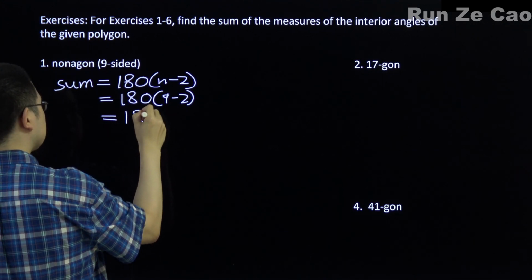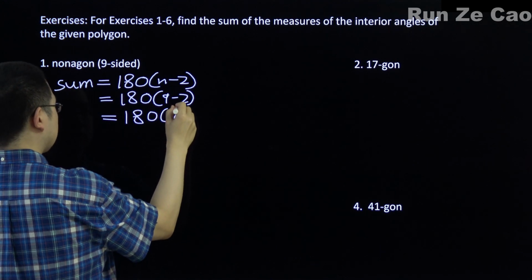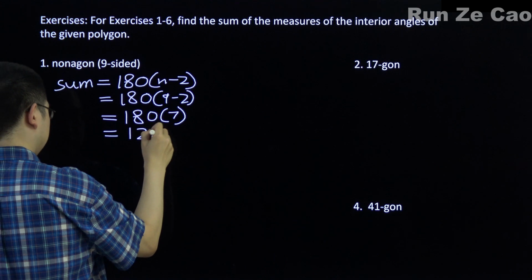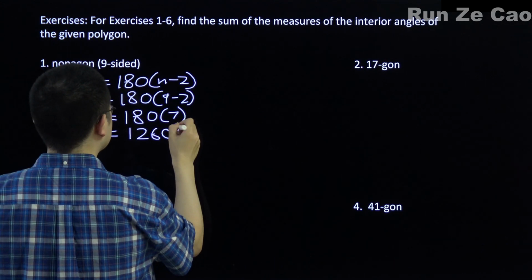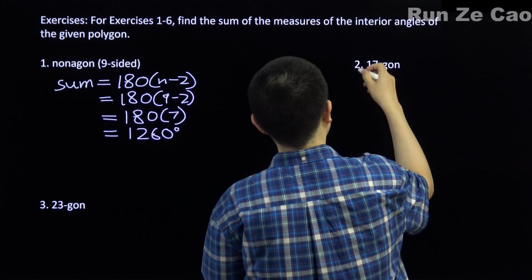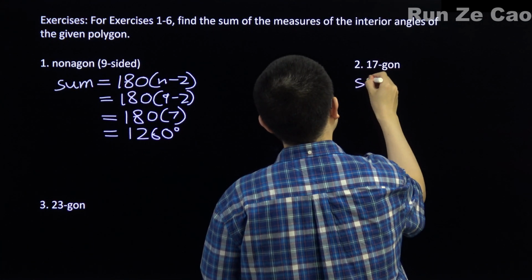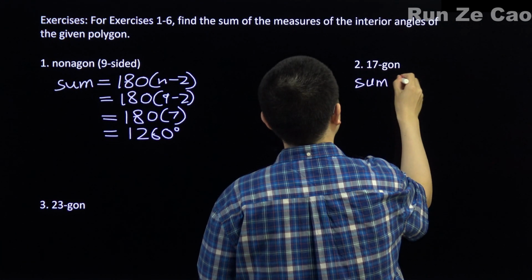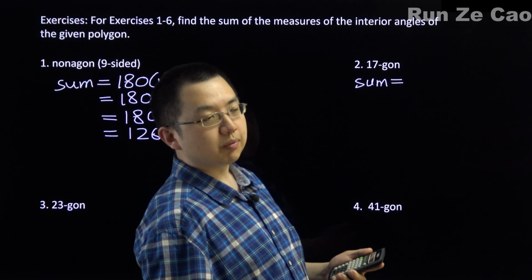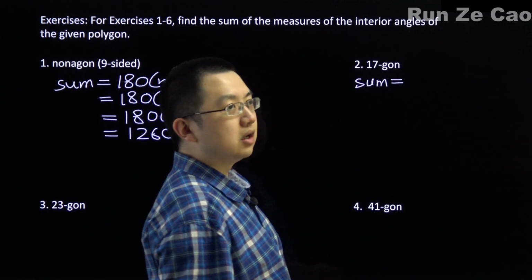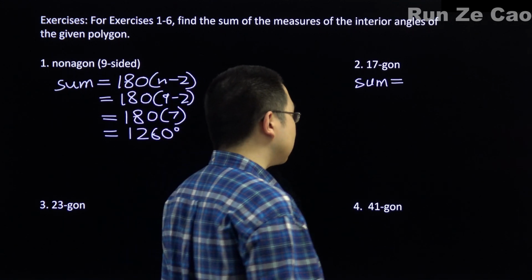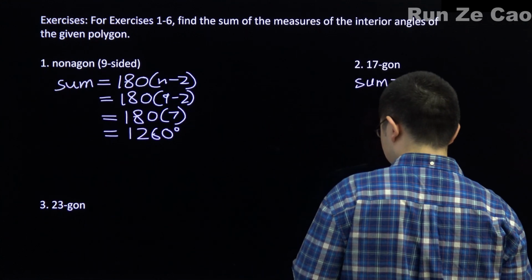Well, okay, you could write this out, or you could skip down to 1260 degrees. Okay, 17-gon. Yes, that's a way to write this. When you have a large number that doesn't have a specific prefix, or a number large enough that you can be excused for not using a standard prefix.